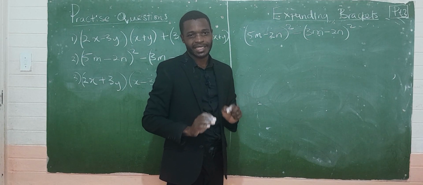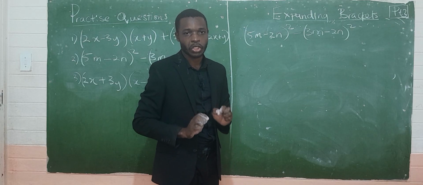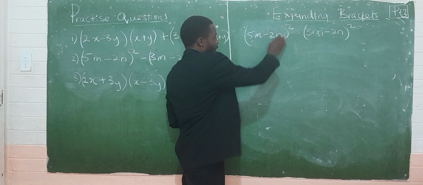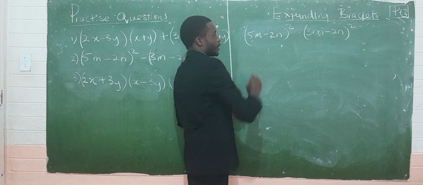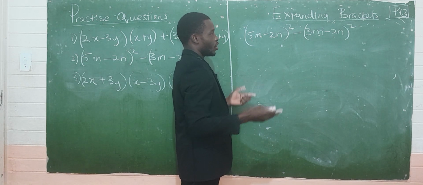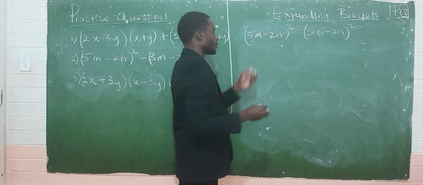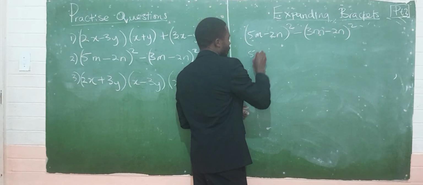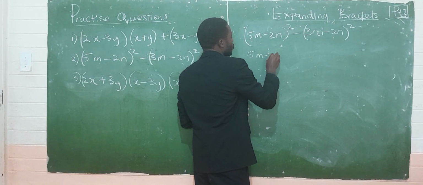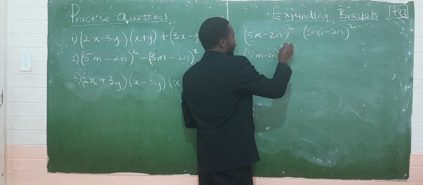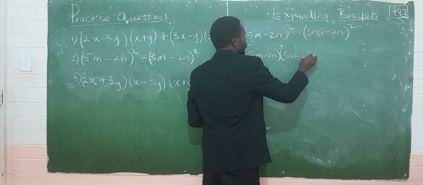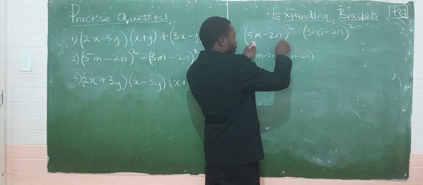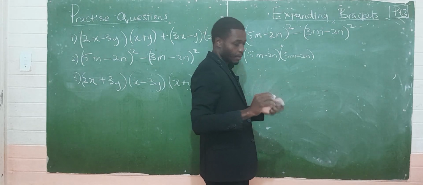No, it doesn't mean that. Instead, it means this multiplied by this. So the long form of this expression would be 5m minus 2n multiplied by 5m minus 2n. This and this means the same thing.